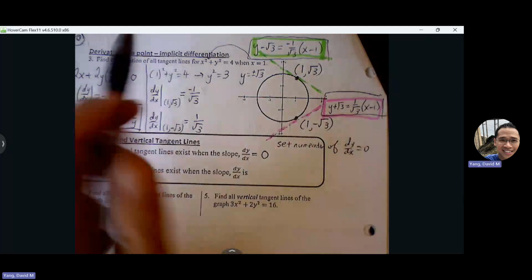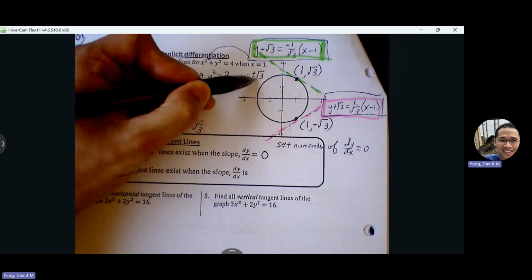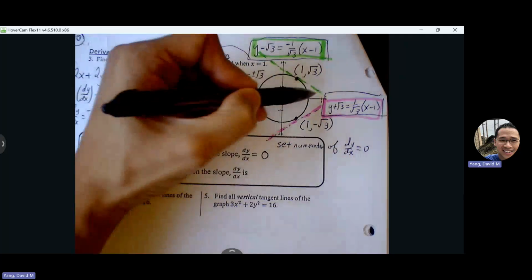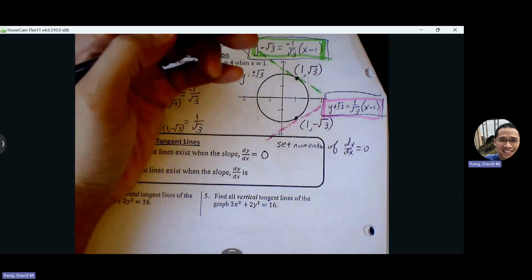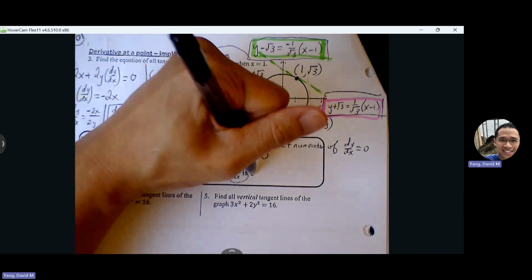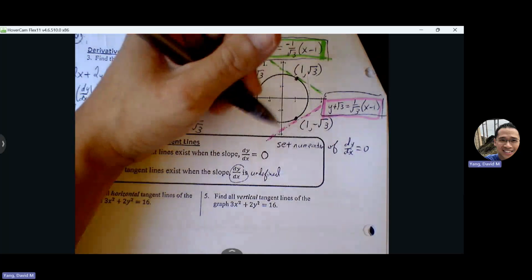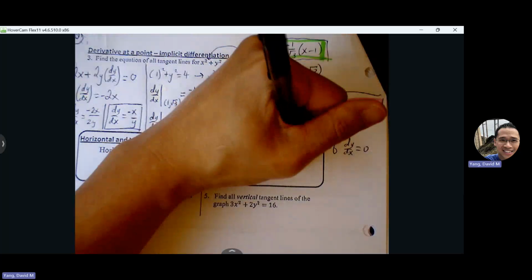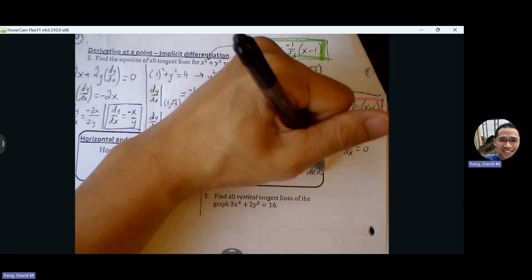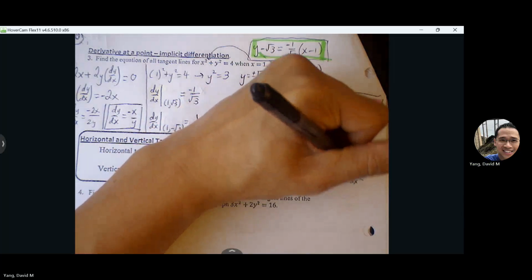Vertical tangents would be where the slope is undefined, right? So there's a vertical tangent here, there's a vertical tangent here, and the way you find that is this is where your derivative is undefined. And the way you identify those locations is you're going to set the denominator of your derivative equal to 0.